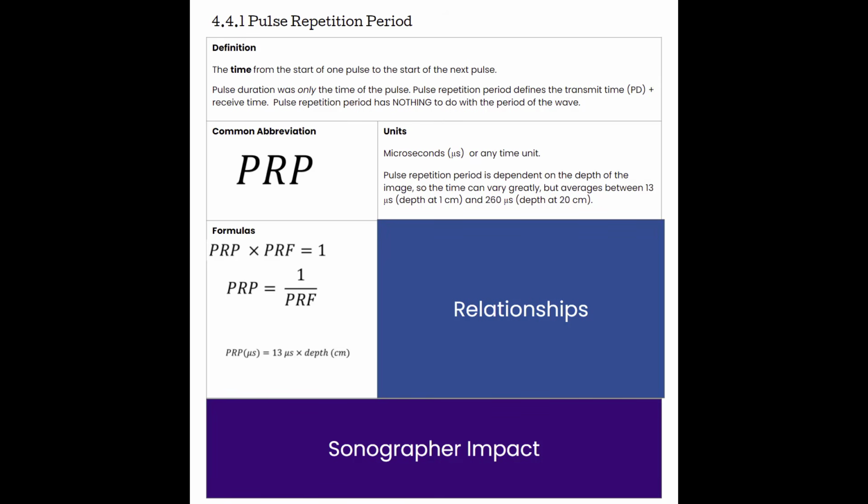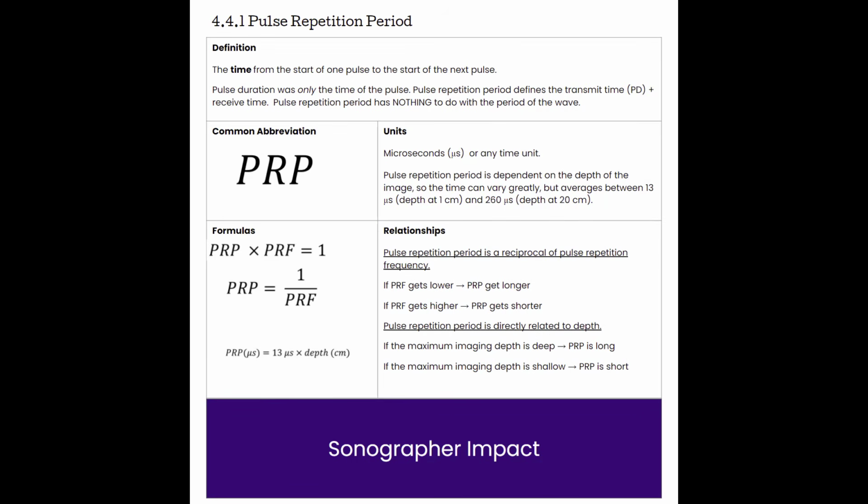From these formulas, I kind of already gave it away. Pulse repetition period is a reciprocal of pulse repetition frequency. If PRF is getting lower, then PRP is getting longer. If that doesn't immediately sound like an inverse relationship, remember if PRF gets lower, that means the numerical value of PRF is going down while the numerical value of PRP is increasing.